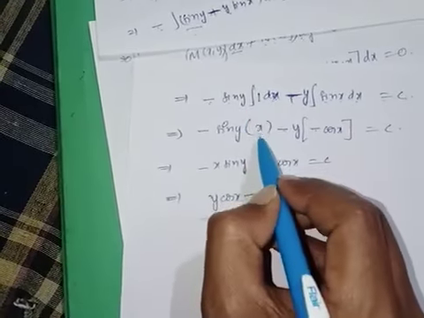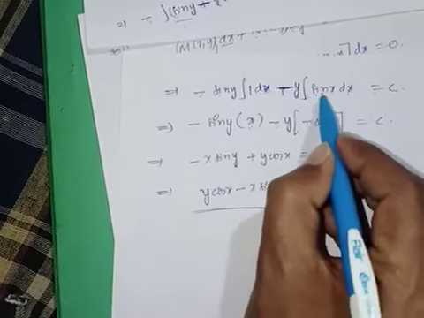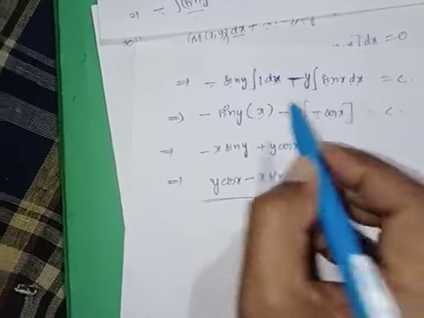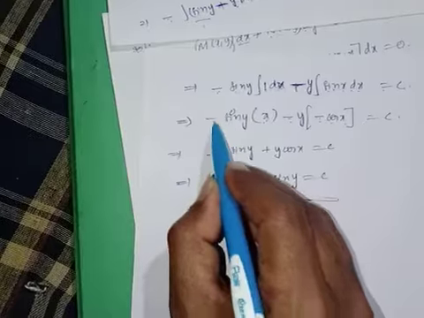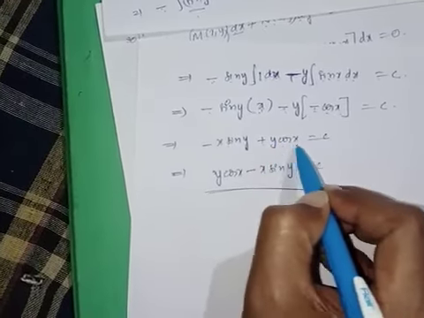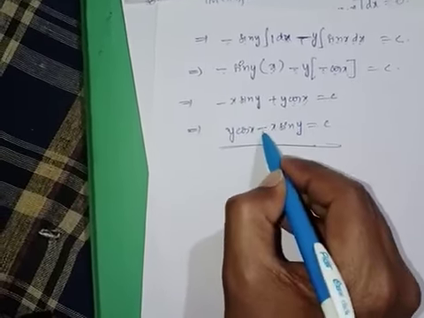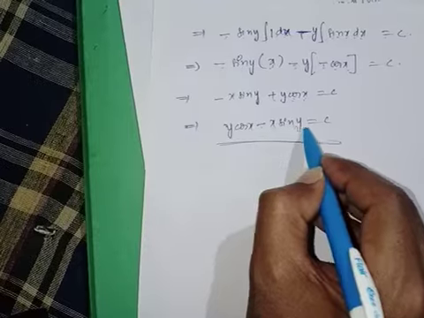Integral of 1 dx is x, and integral of sin x is minus cos x. So now, negative x into sin y, minus into minus plus y cos x. We can rewrite this as y cos x minus x sin y is equal to c.